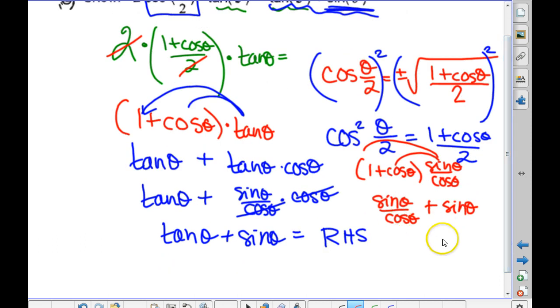Now, before I can add those together, what do I need to do? Actually, I don't want to add them together. I don't want to get a common denominator. What is this right here? Sine over cosine is? So either way, it's about as long either way.